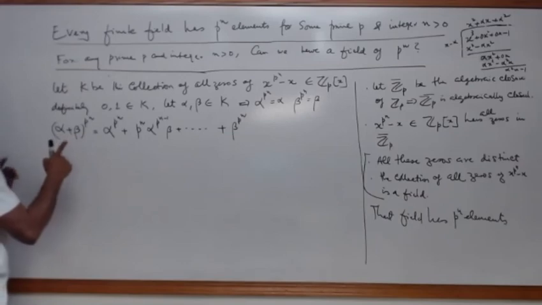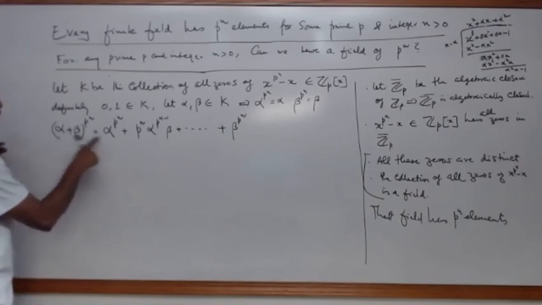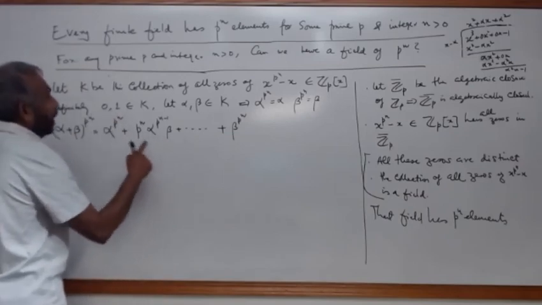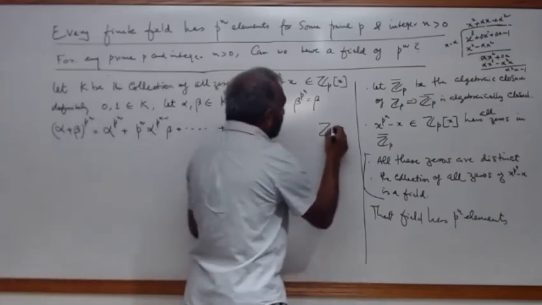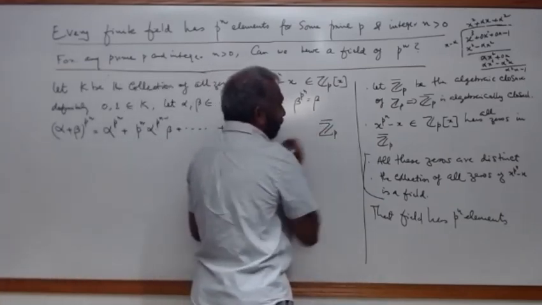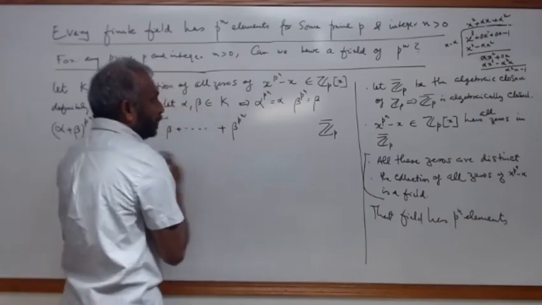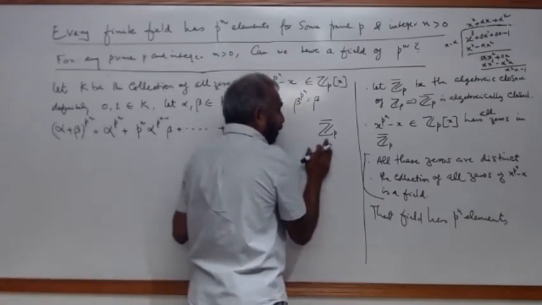These are all coming from Z_p bar, the closure of Z_p. So this is actually a field of characteristic p.